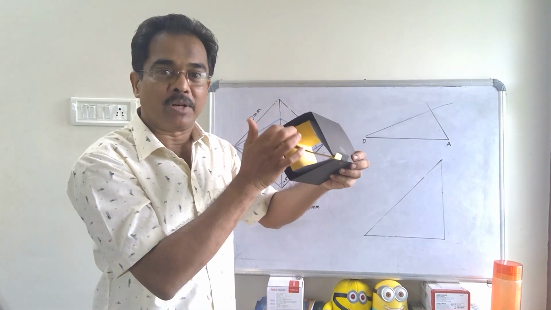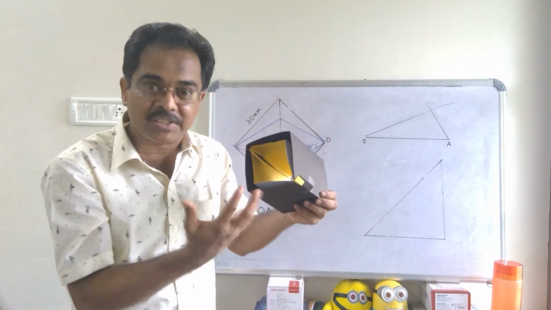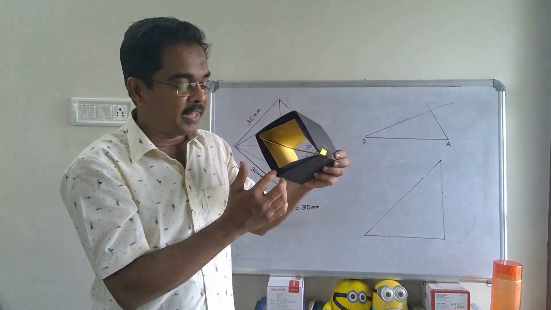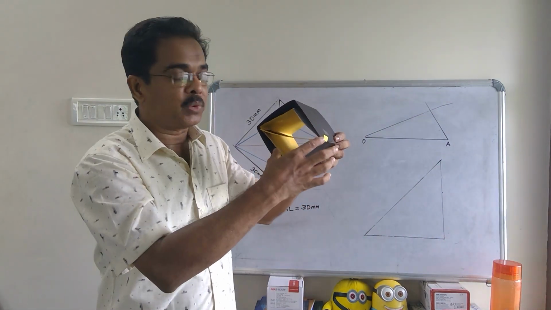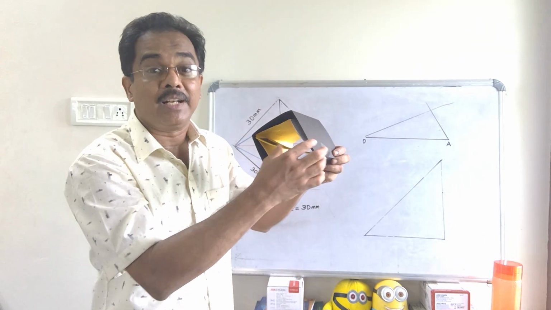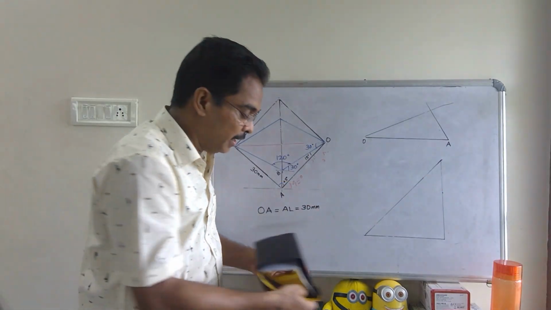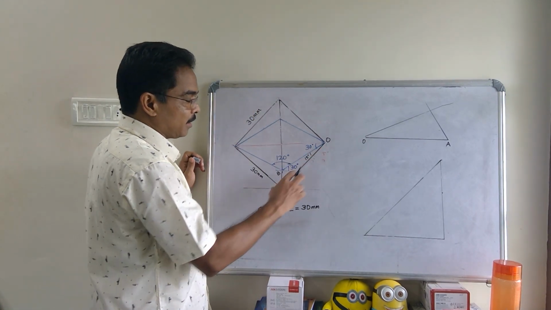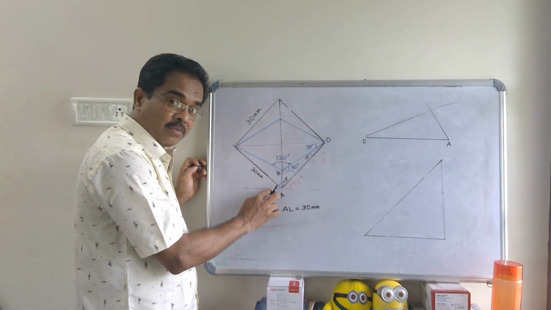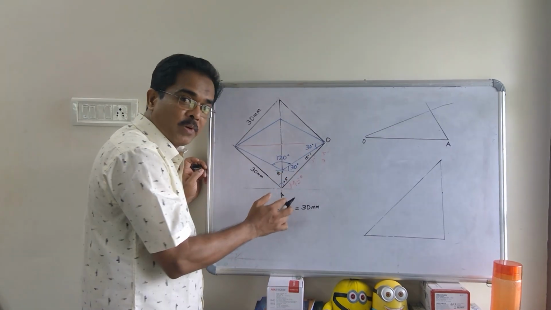Why? Because the angle is 120 degrees. In other words, in order to make the angle from 90 to 120 degrees, we have to reduce the length of the sides proportionately. Now you can see that OA is the actual length of the solid. OB is the corresponding isometric length.